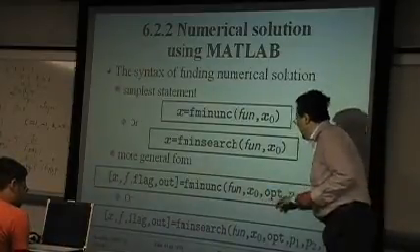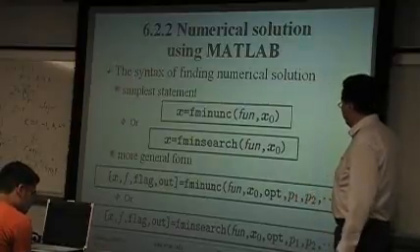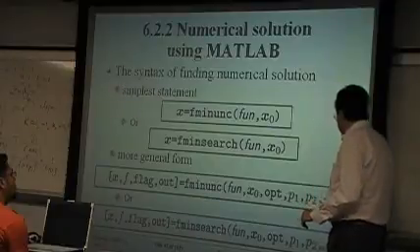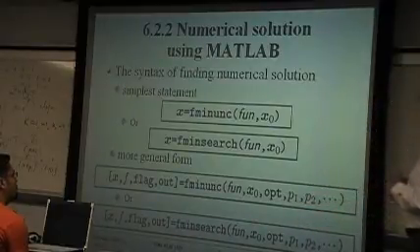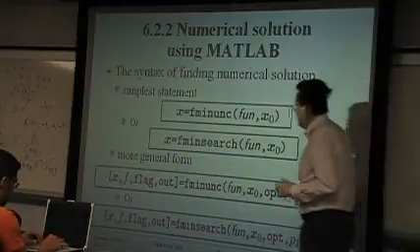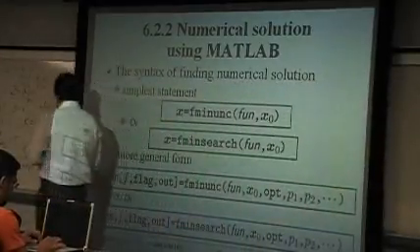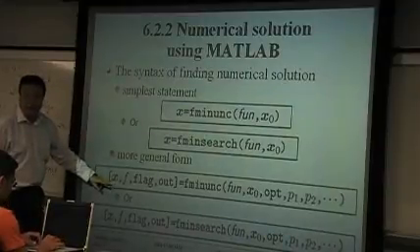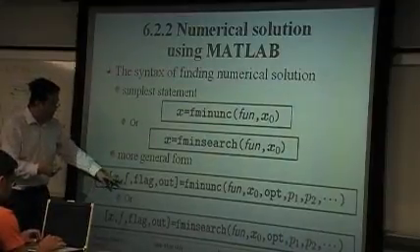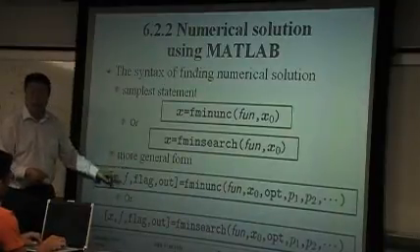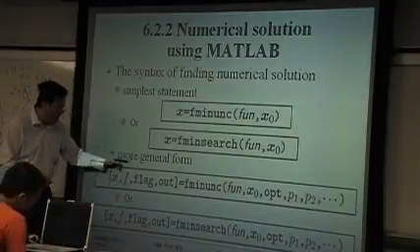So we can use this kind of notation. And also we can use extra variables, but I'm not going to talk about this too much here. For the returned variables, we can not only return x, which is the solution to the problem, we can also have f, which is the minimized value of the objective function.